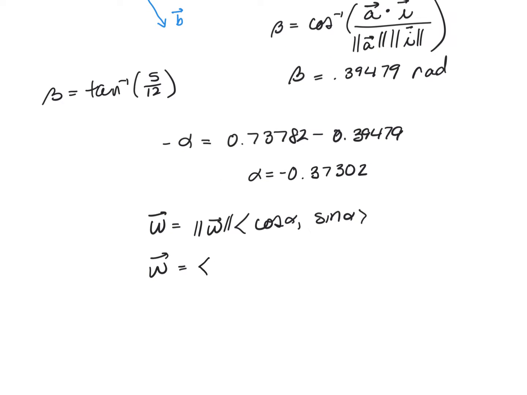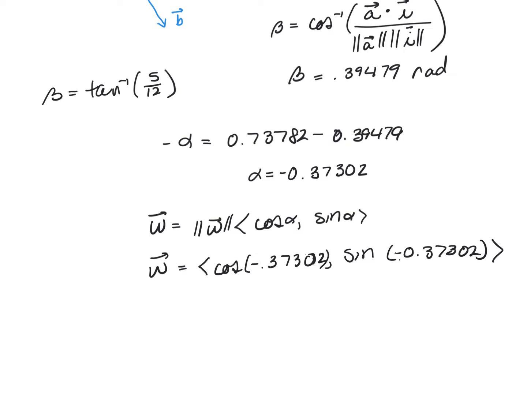So then this is just going to be the cosine of negative 0.37302, and then the sine of negative 0.37302. Parentheses there. Okay. So now, a little bit of OCD kicking in there. So now there's my vector, and I can leave it like that.